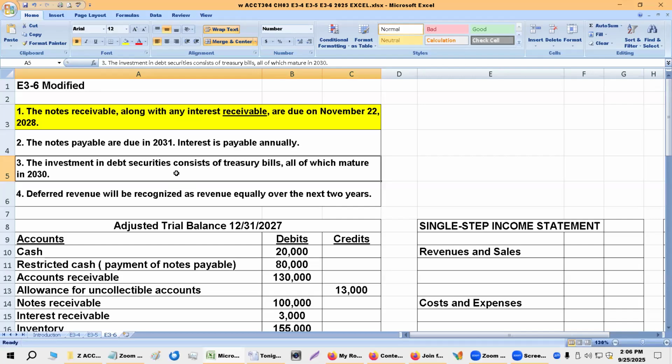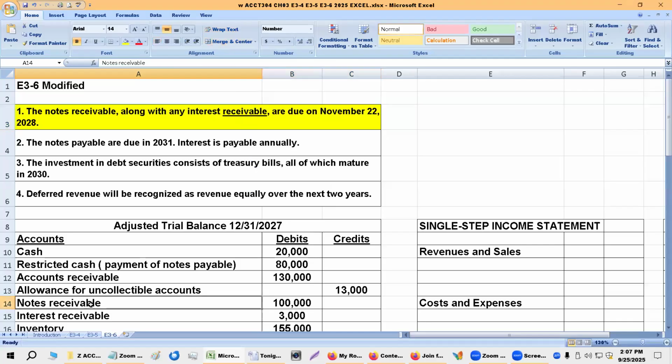What are all receivables? Anyone? The assets? Yeah, these are the assets. So the receivables are when someone owes us. They're due on, it's kind of a funny way to say they're due. We're not paying these, but these are notes receivable. They're due on November 22nd.